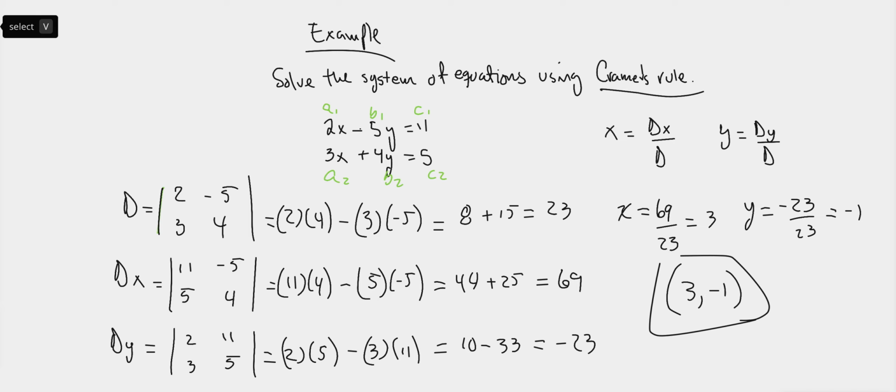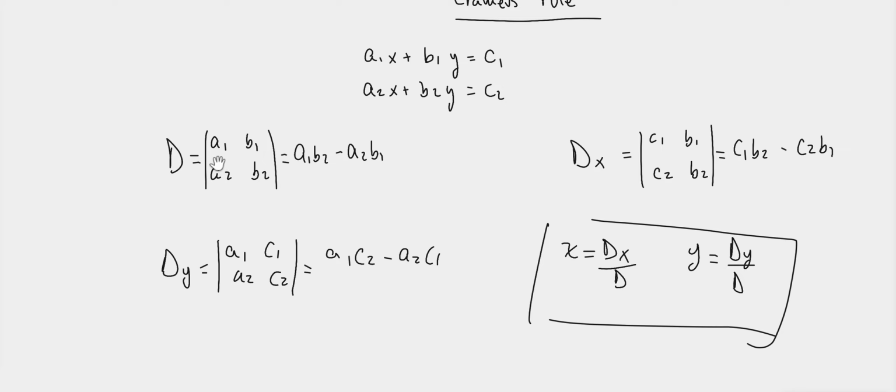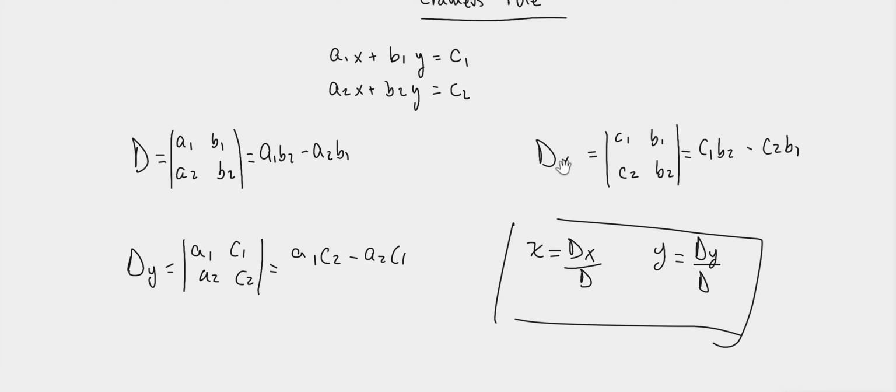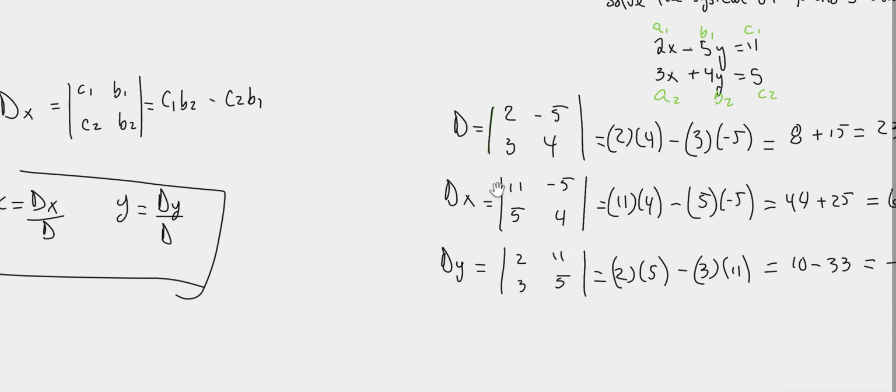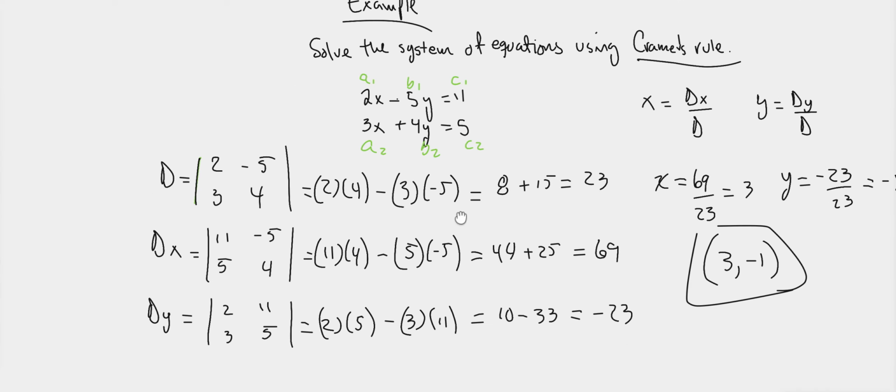One more time. All I did here was use these equations that I have here. This is the determinant of the constant, the determinant of x, the determinant of y. I found each of those determinants, which are 23, 69, and negative 23.